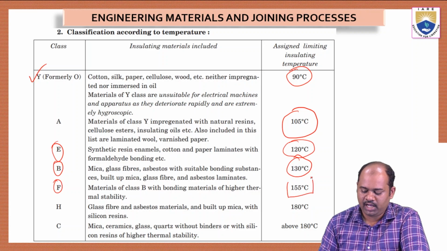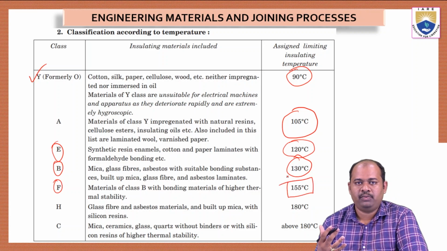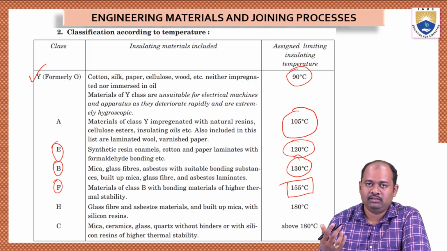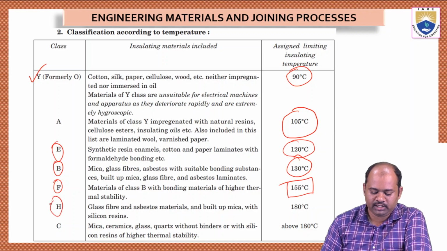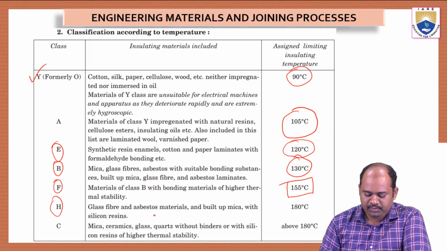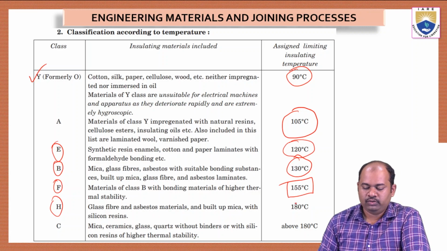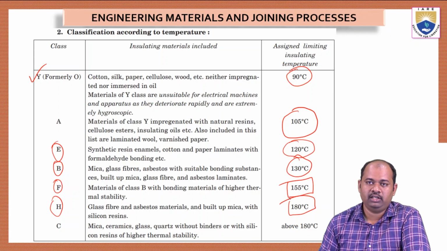These materials have an insulating property of up to 155 degrees centigrade, and above that, they are no longer insulators. And then we have H class: glass fibers and asbestos materials and built-up mica with silicon resins. Here we have a good insulating property up to 180 degrees centigrade.